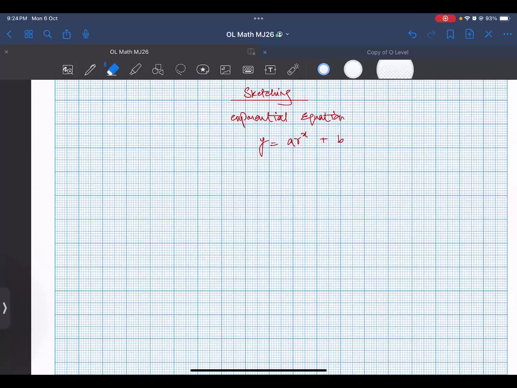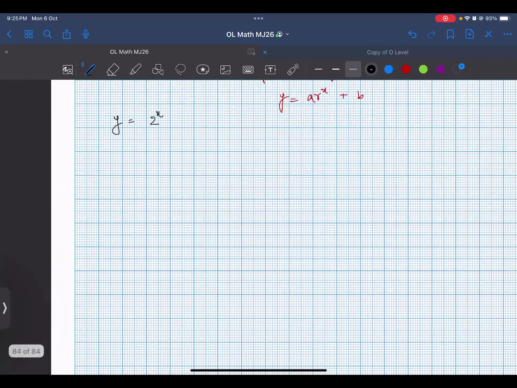So over here, the generalized format for the equation, a simplest example, is, let's suppose 2 power x. So if it is 2 power x, over here you will see that you will have a horizontal asymptote.